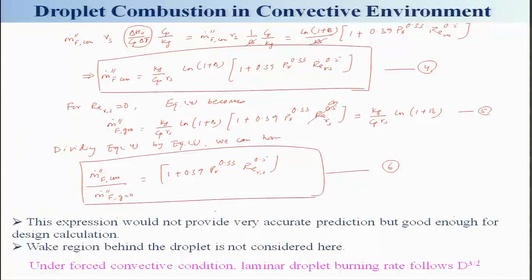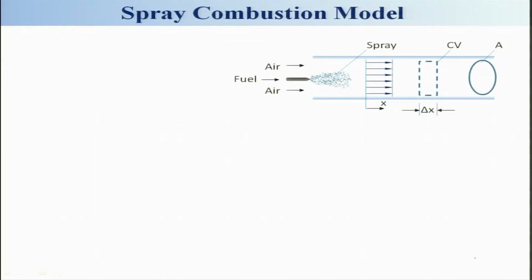So, with this we have looked at how to take care of droplet combustion in a convective environment. Now, we will be looking at how to handle spray combustion in a very simplified way. We will be using a simple spray combustion model.